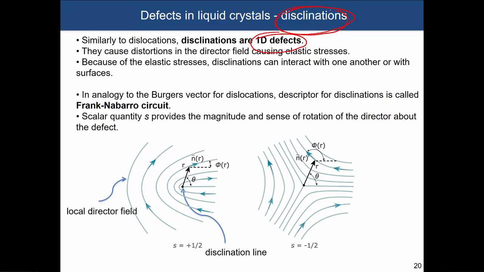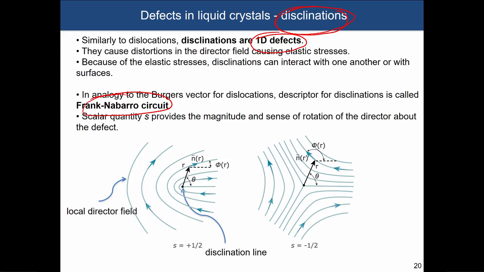So in similarity to dislocations, in the case of liquid crystalline materials, we will do a similar analysis, but we will form so-called Frank-Nabarro circuits. The Frank-Nabarro circuits will simply tell us how the director is changing as you go along that circle itself. What that simply means is as follows.